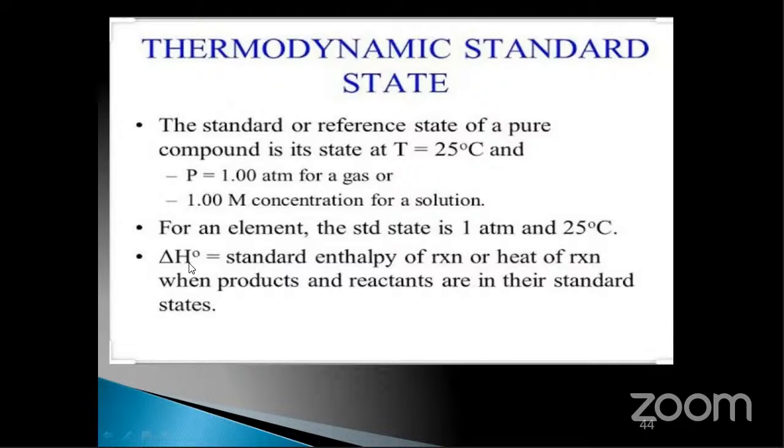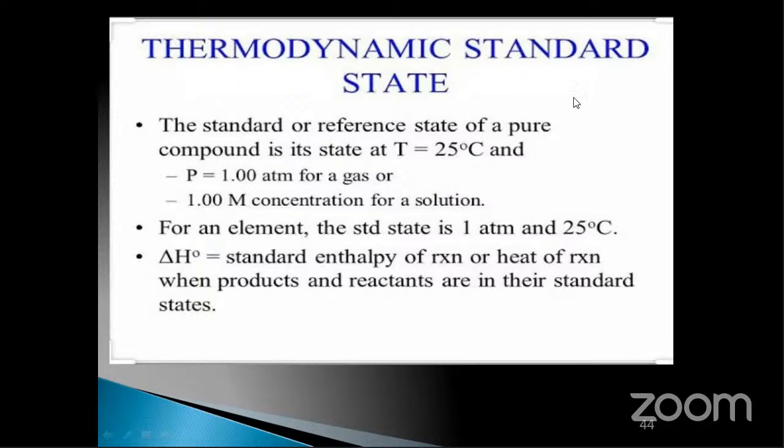Delta H means enthalpy of reaction, and delta H0 is the standard enthalpy; this 0 indicates that the enthalpy change is for the standard state. What is the standard state of reaction? Same: 25 degrees centigrade temperature, pressure 1 atmosphere and concentration 1 mole.